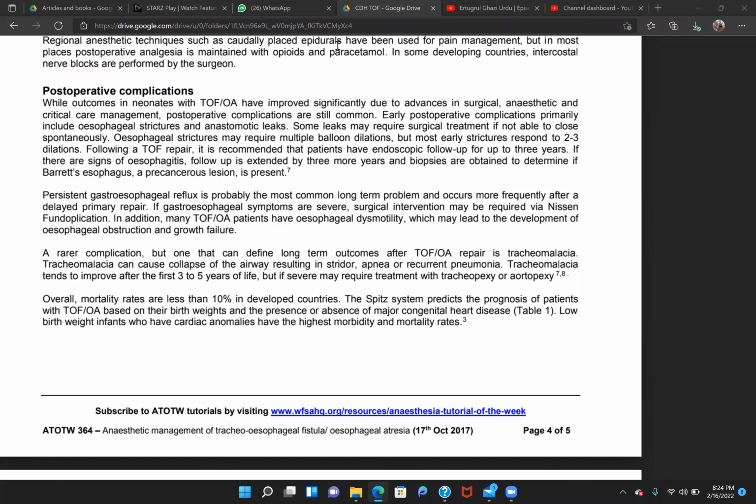Okay. From any other people, anyone want to comment or ask any question? Anything related to this tracheoesophageal fistula? What are the post-operative complications? Post-operative complications will be related to the respiratory or pulmonary system, or any surgical or anastomotic leak, or anything related to other congenital anomalies.